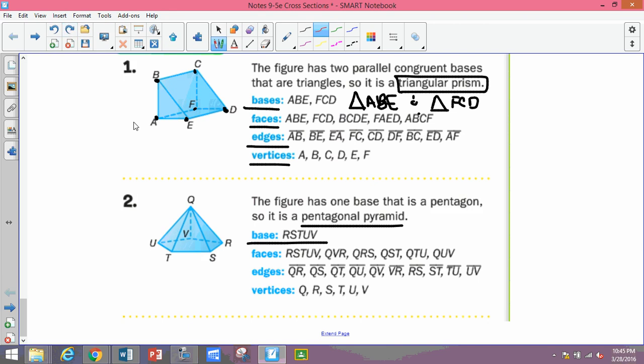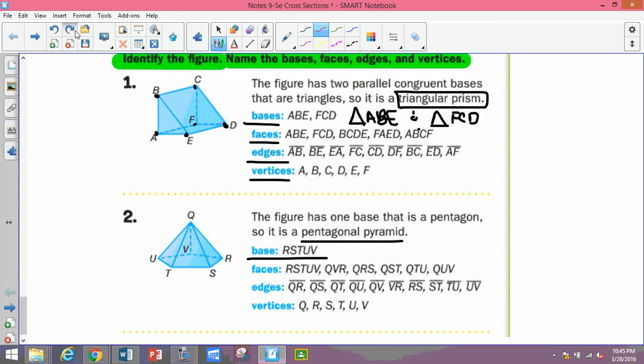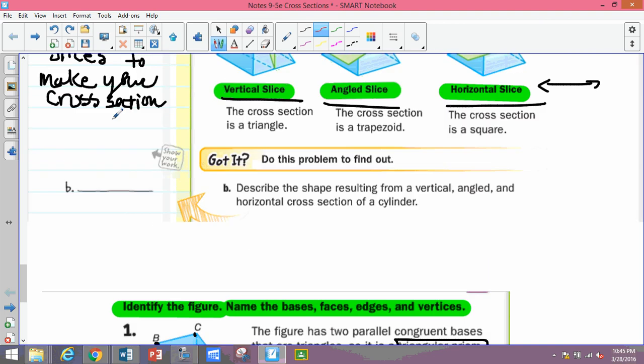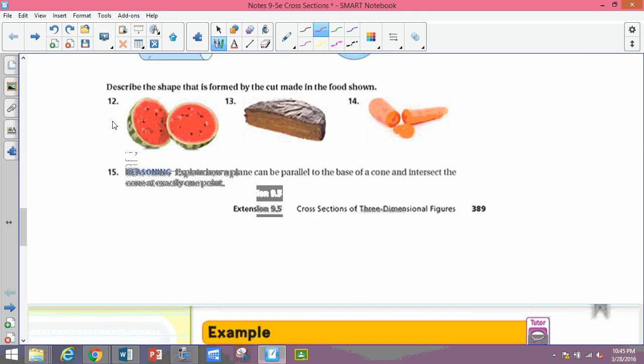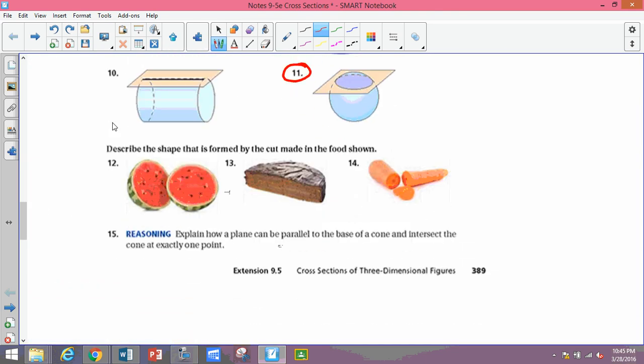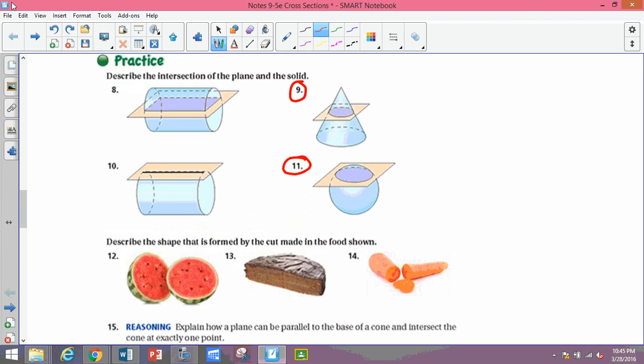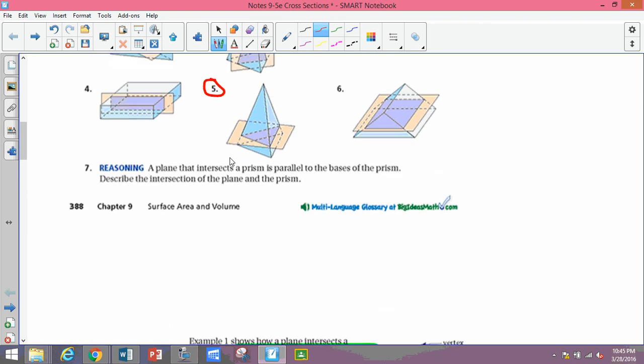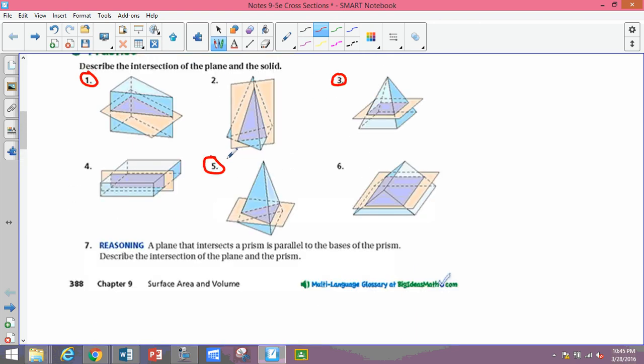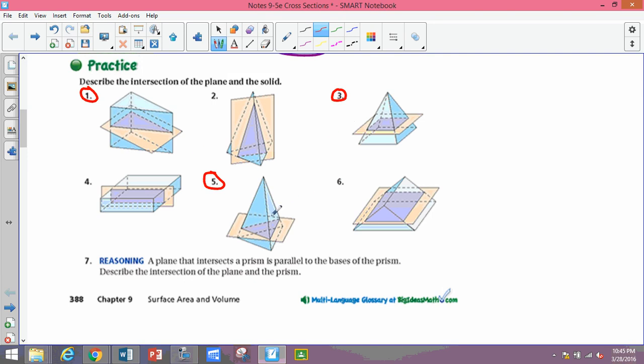Okay. So what I would like you to do is on page 389, do numbers 9, 11, and 13 as practice problems. And then on page 388, I would like you to do 1, 3, and 5.